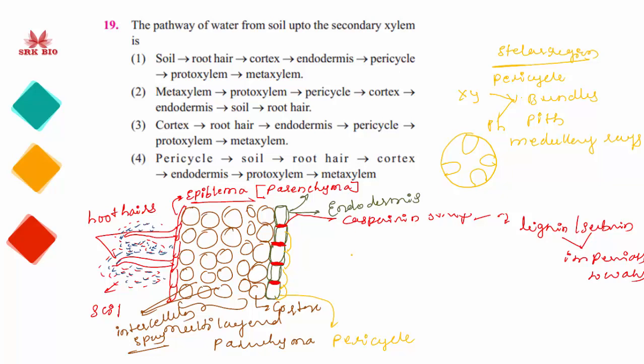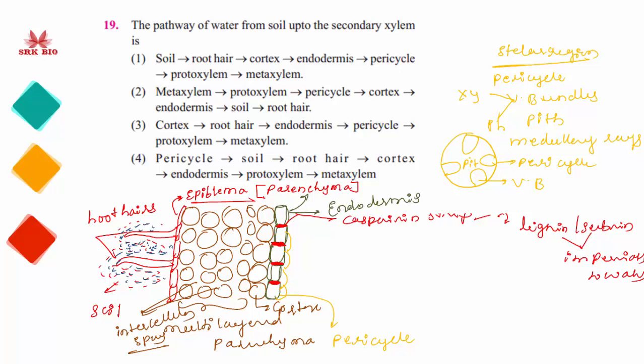The vascular bundles are attached to the pericycle. Here this is the pericycle, and here is the vascular bundle.